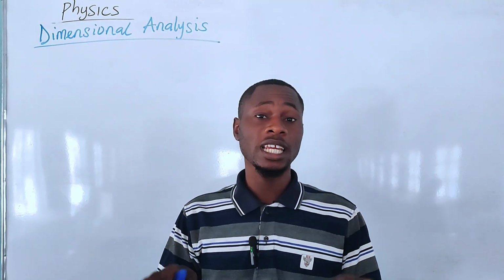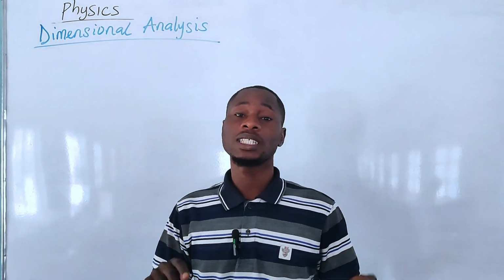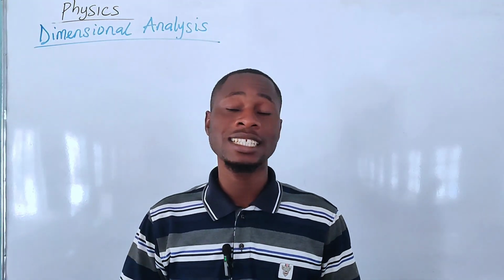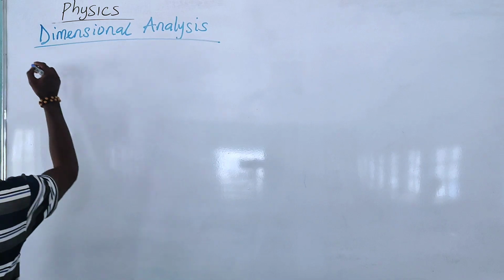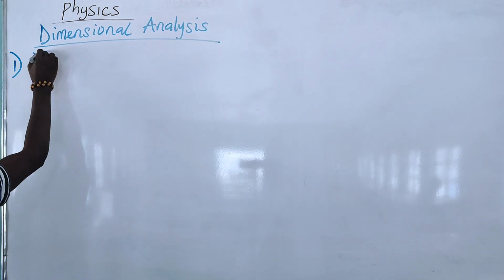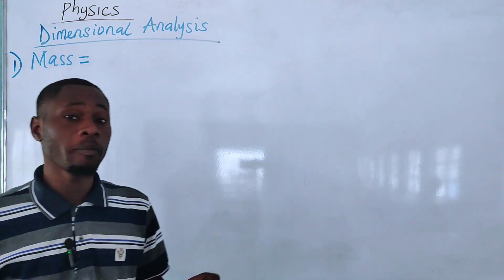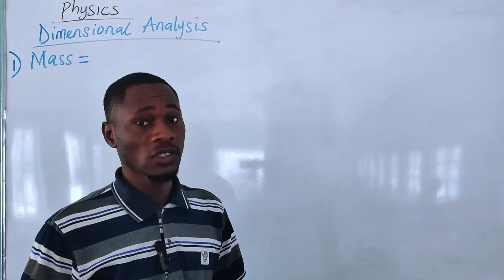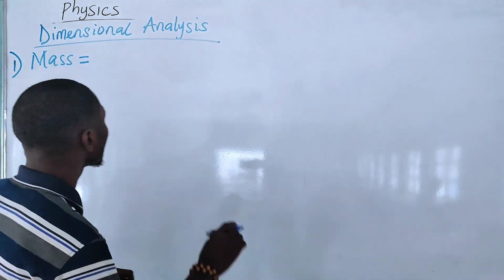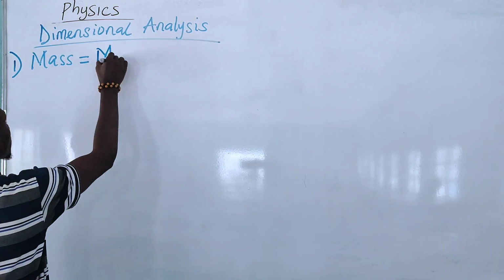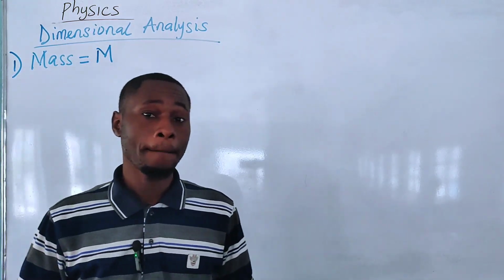All right, the first three fundamental quantities we are going to start with are mass, length, and time. So we have mass, and the dimension of mass, a fundamental quantity, is capital M. That is the dimension of mass.